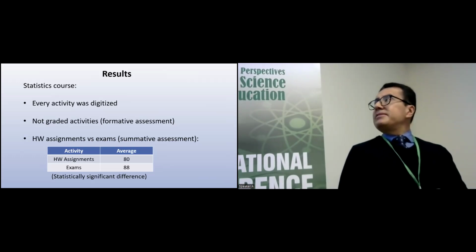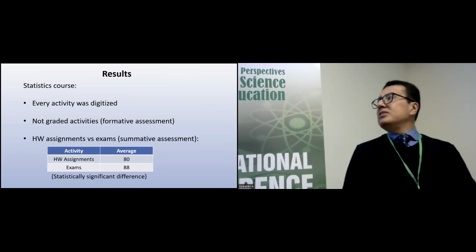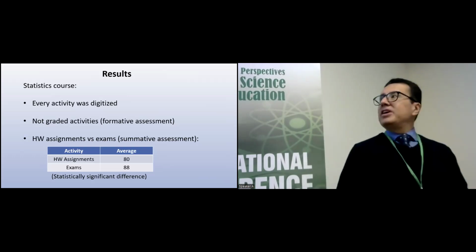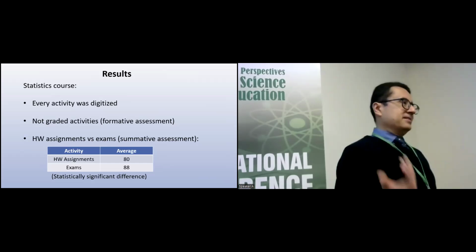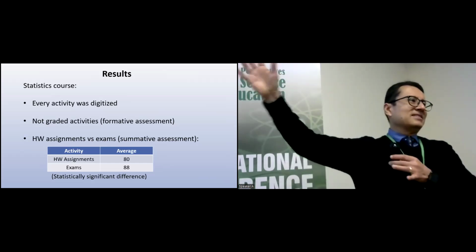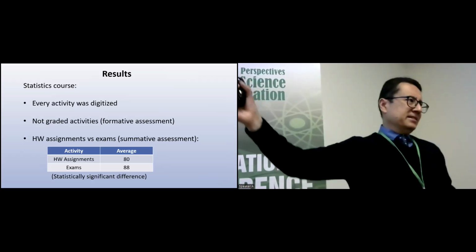The homework assignments average was 80, and the exams, 88. Of course, when we performed the statistical test, we found that effectively there was a statistically significant difference. Well, you can see that's inside, right? That's a lot of difference, but we proved it statistically.